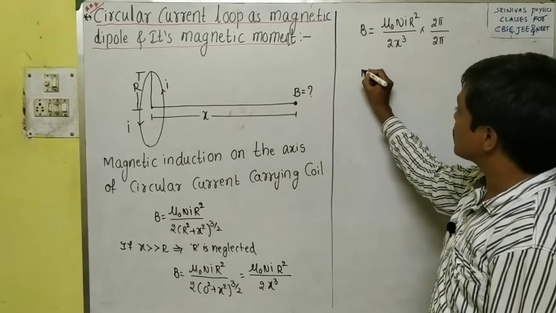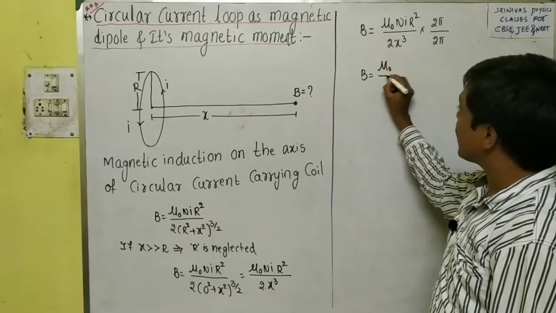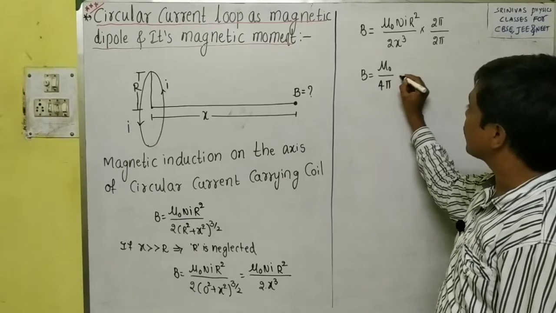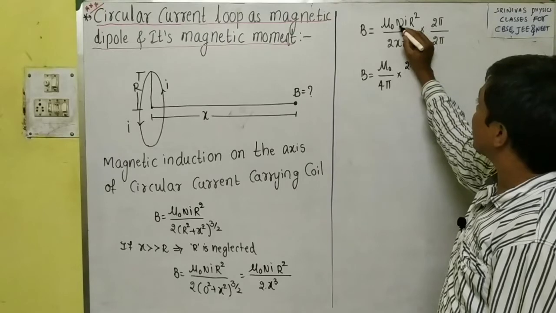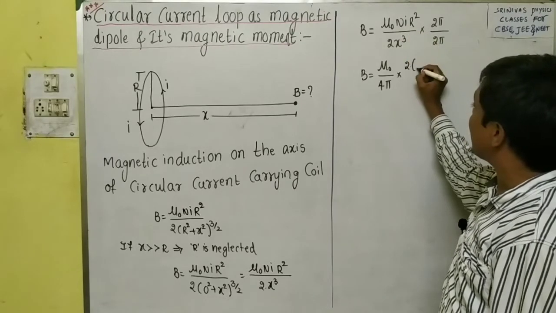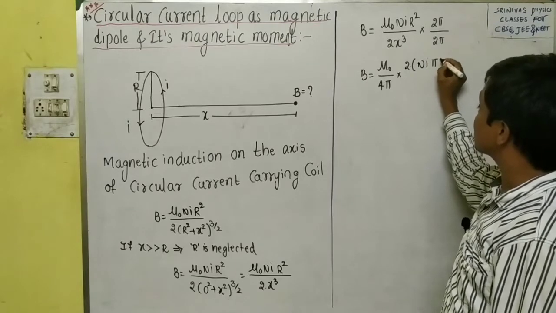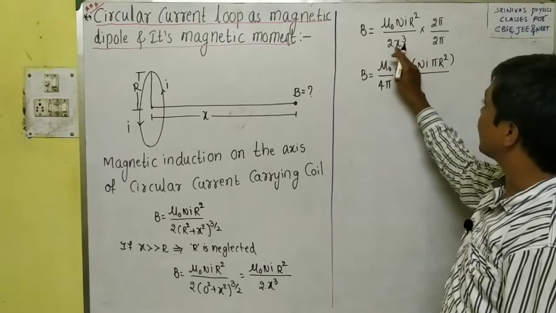Then we will write this as mu naught by 2 into 2 pi, we write as 4 pi, into this is 2, the remaining is N I pi R square, by x cube.